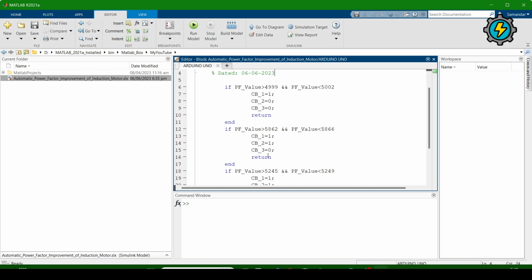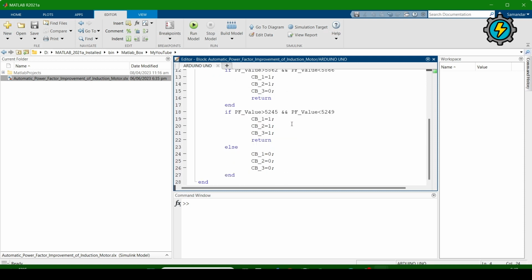As we increase the load on the induction motor, the power factor value drops, and then we automatically connect the capacitor banks to get the desired value of the power factor.